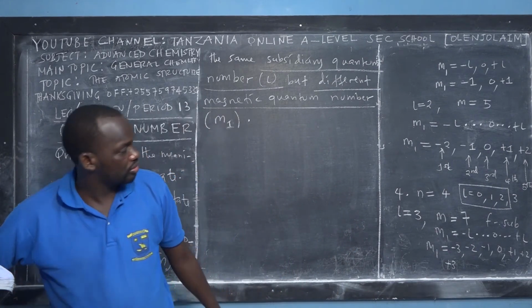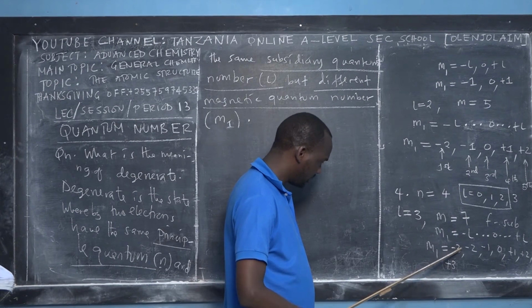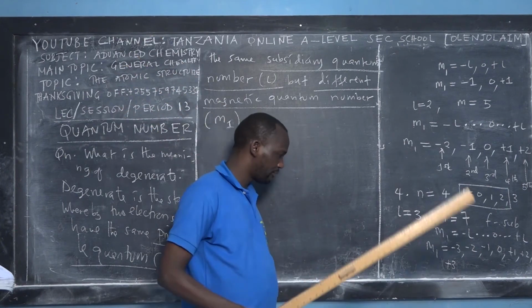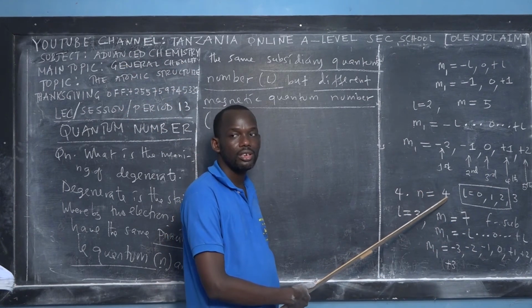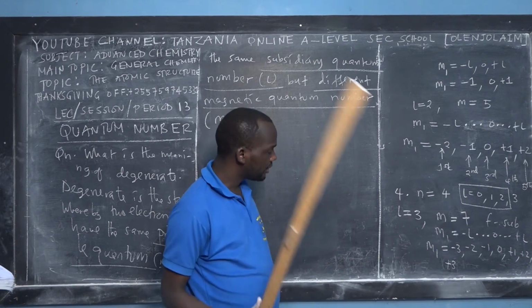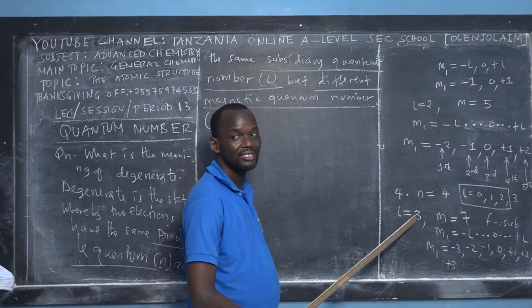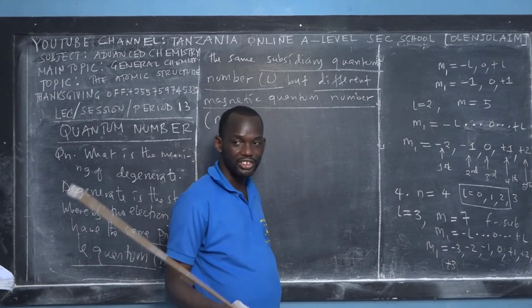So the two electrons, for example, electrons found in this orbital and this orbital, they have the same principal quantum number, which is n equal to 4, right? They have the same subsidiary quantum number, which is L equal to 3. So that's what we call degenerate.